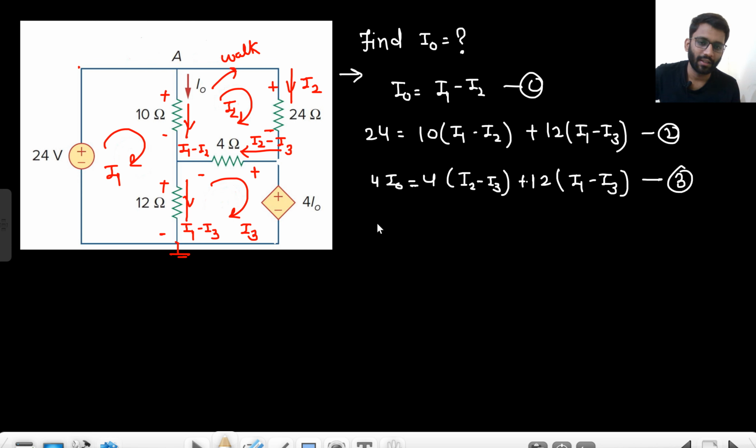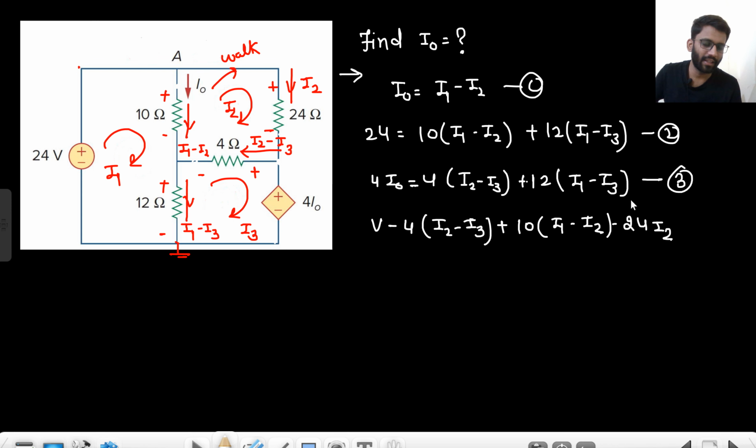So V minus 4 (I2 minus I3) plus 10 (I1 minus I2) minus 24 I2. Now we have again come to this potential. We started from here, then we went here, then we went here, then we went here, again came to the same potential.